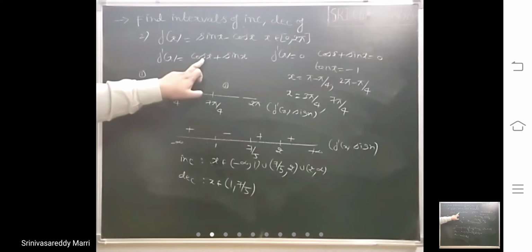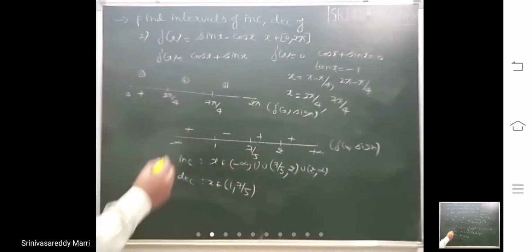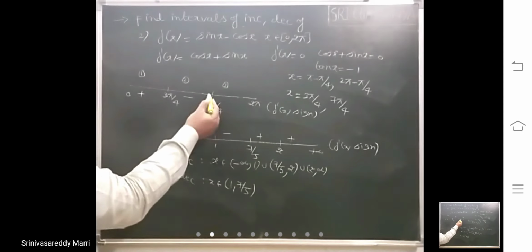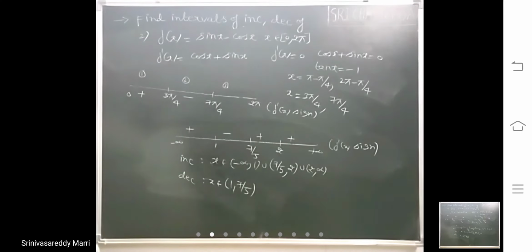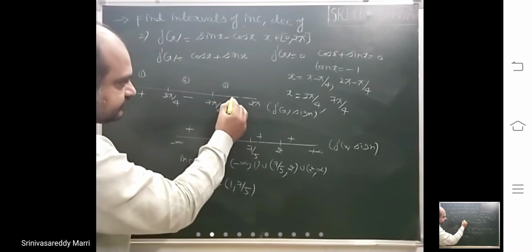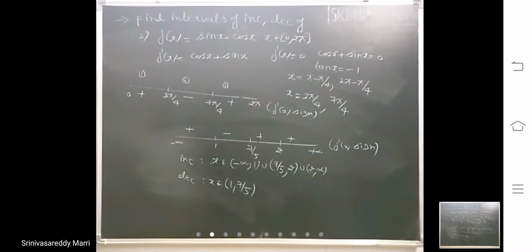If you substitute 180, cos 180 minus 1, sin 180, 0. That means here it will be negative. So next you substitute any value you like. So it will be positive. That means here it is positive, negative, positive.